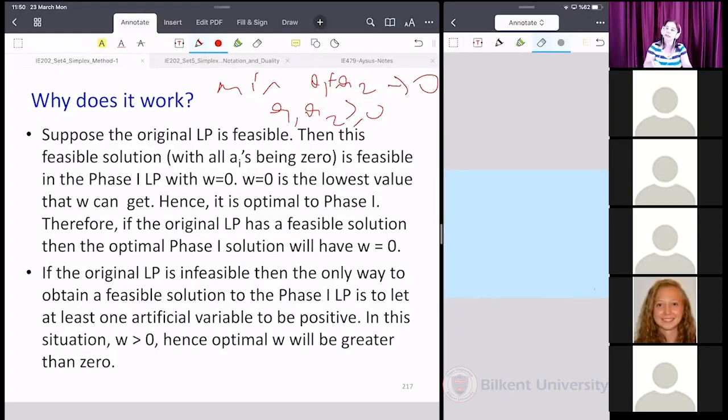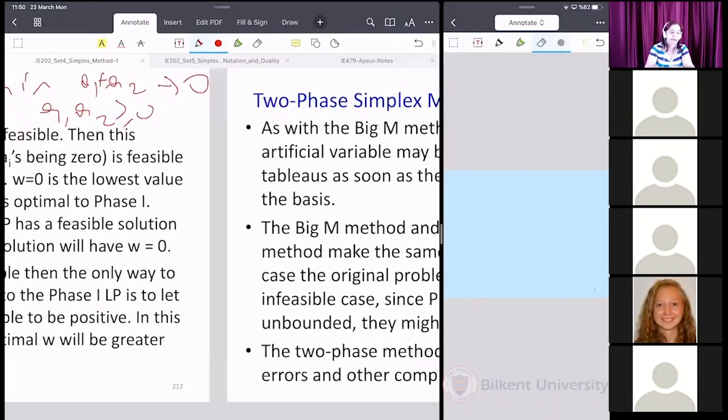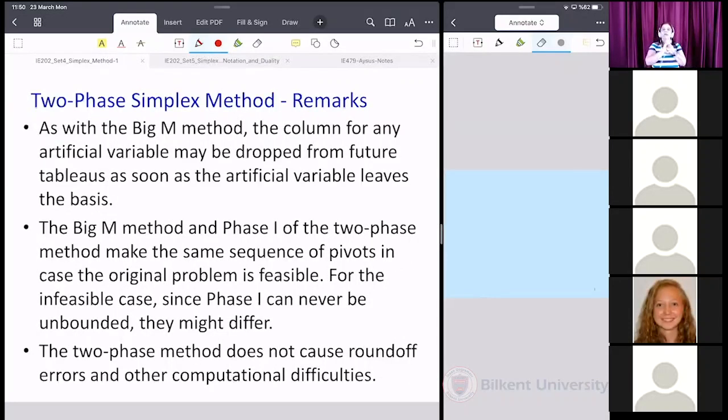So if we can attain 0, that means my original problem without those artificials was feasible, and that's why it is working. If the original problem is infeasible, then phase 1 will never stop with a 0 value, because it will require those artificials to get positive values to satisfy those constraints, because without them the constraints couldn't be satisfied. That's why this method is pretty handy.